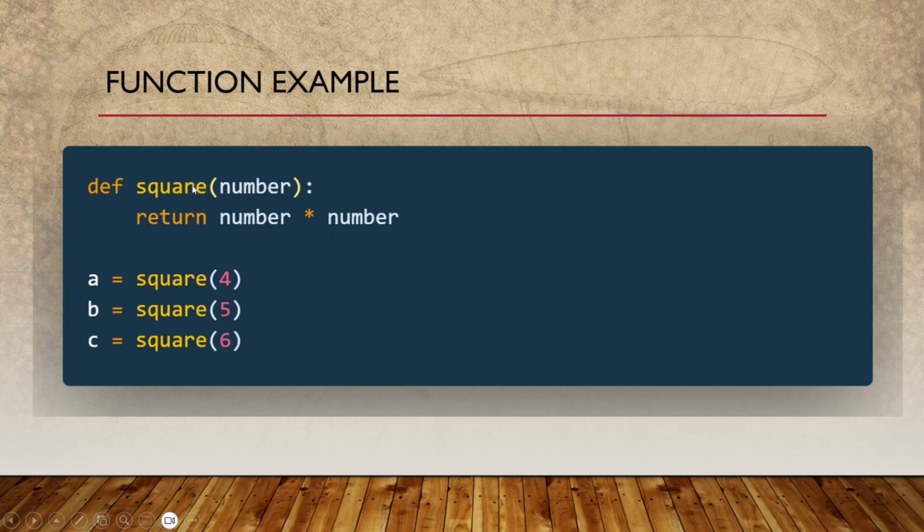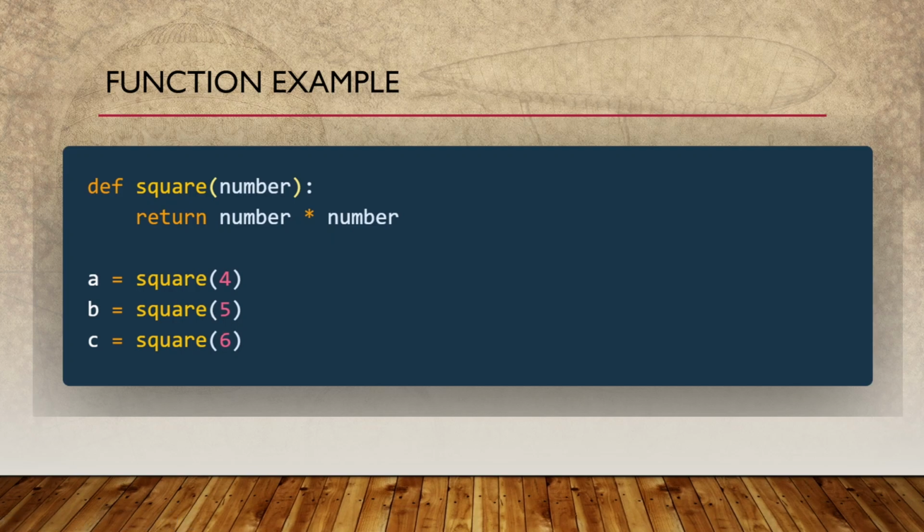What I've done is I've defined the function once, and now I'm calling the function again and again and again. I do not need to write the formula again and again. I just need to call that function. Now, this is a very simple example, and you might think that I can write number multiplied by number multiple times, and it does not matter.